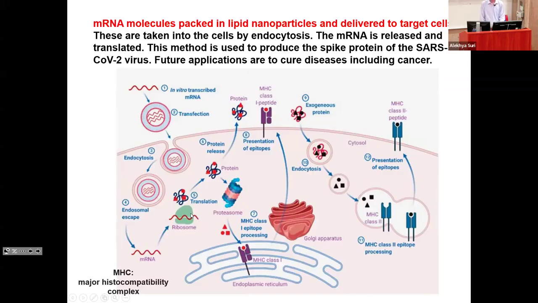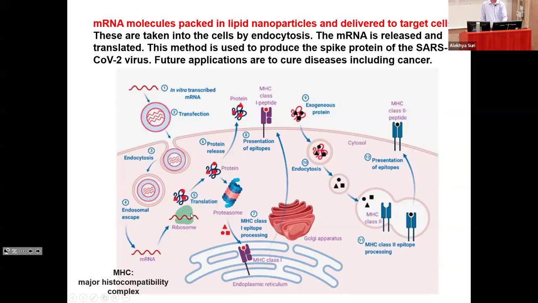I mean, these are to introduce the mRNA that is important to induce the vaccination. So this will be delivered by liposomes or lipid nanoparticles, like little balls of membranes, and they contain the cargo, the RNA.